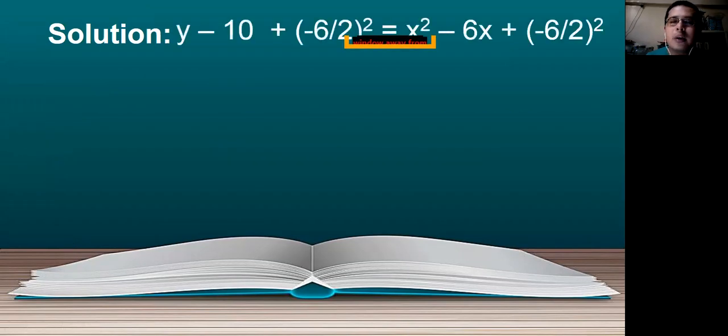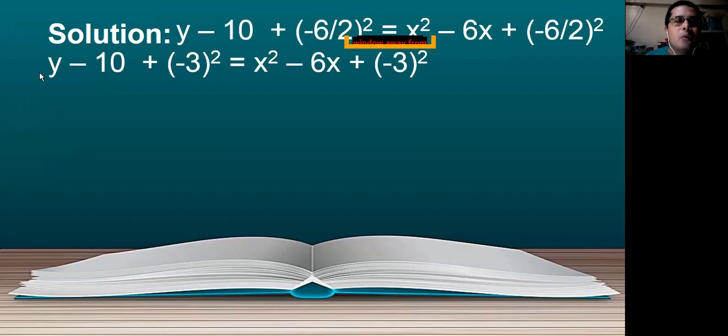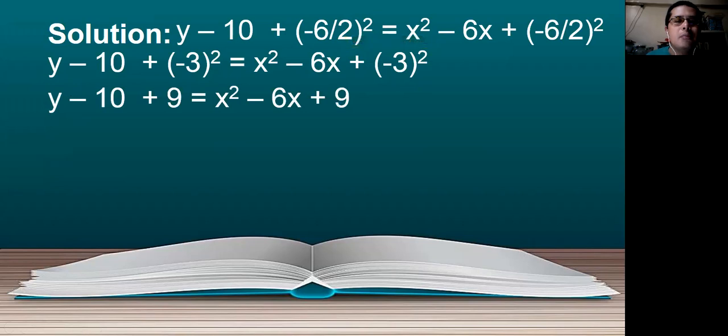So the equation will be y minus 10 plus negative 3 squared equals x squared minus 6x plus negative 3 squared. That becomes y minus 10 plus 9 equals x squared minus 6x plus 9.